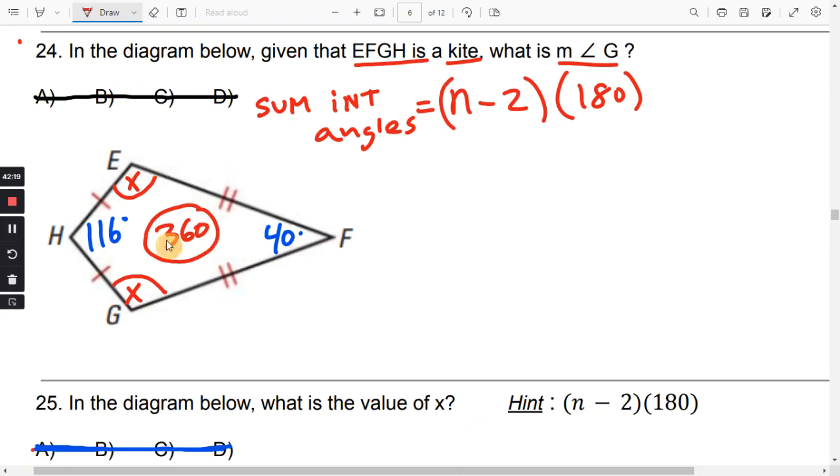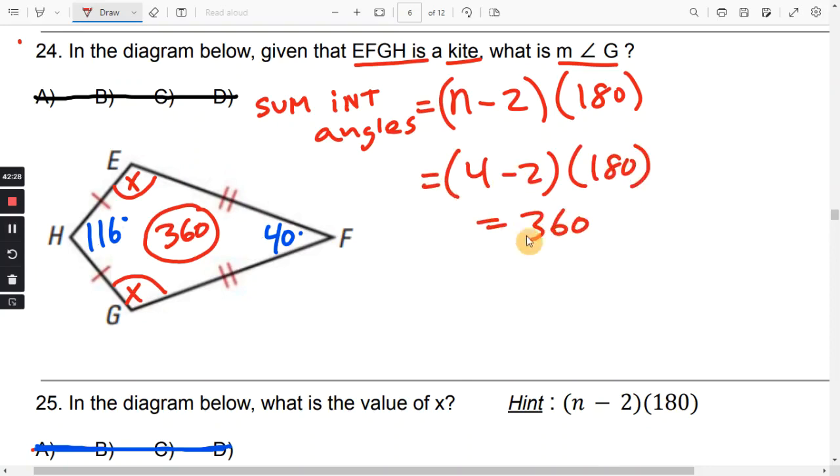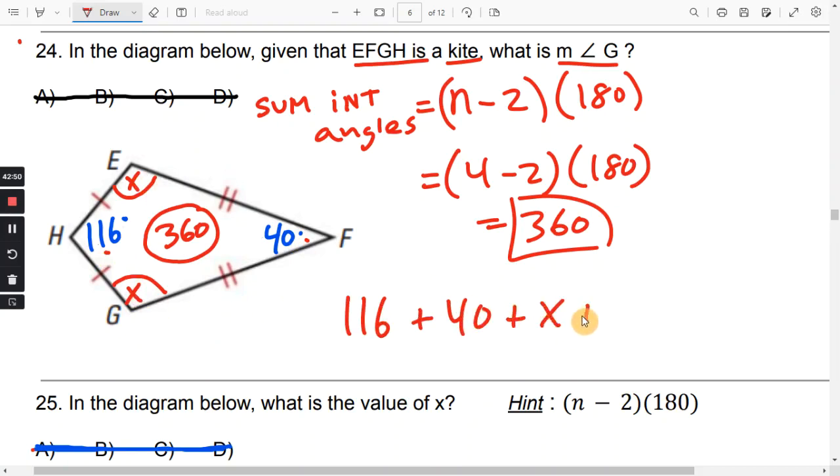n is the number of sides, so n is just 4. 4 minus 2 times 180 is 2 times 180. That equals 360. Hopefully you don't have to do this if you just remember the quadrilateral adds to 360. Anyhow, we have four angles now. 116 plus 40 plus x plus x equals 360.